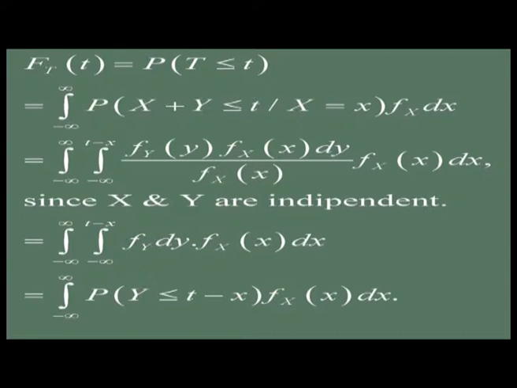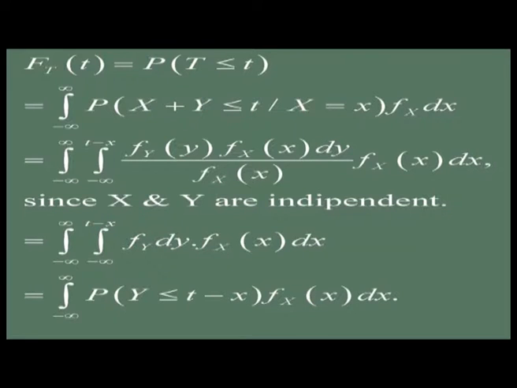That means the probability that X plus Y is less than t conditioned on X equal to x, I am able to break up into f Y of y times f X of x upon f X of x dy, because X and Y are independent, and then times f X of x dx. So your f X of x cancels out and we are left with the integral from minus infinity to infinity, and again the integral from minus infinity to t minus x of f Y dy times f X dx. Therefore, the first part, the integral from minus infinity to t minus x of f Y dy, I can write as the probability that Y is less than or equal to t minus x.